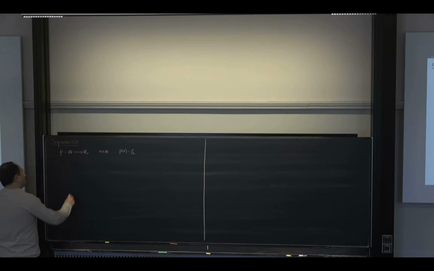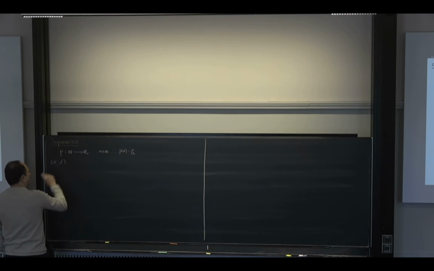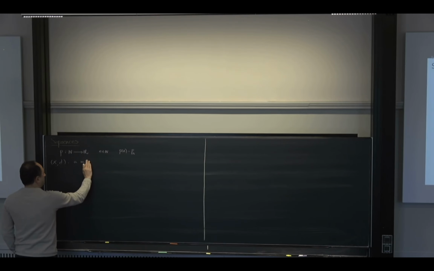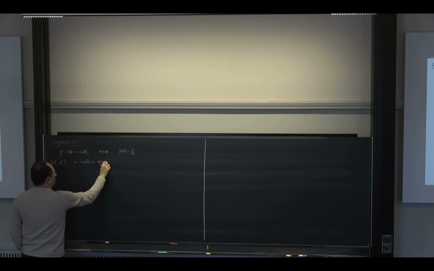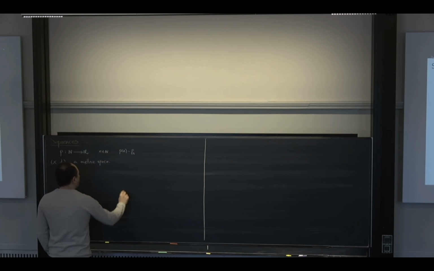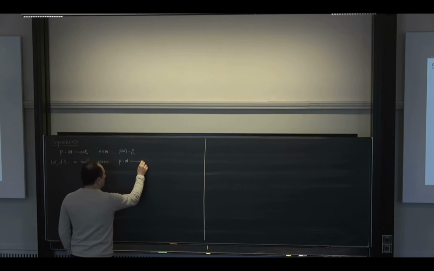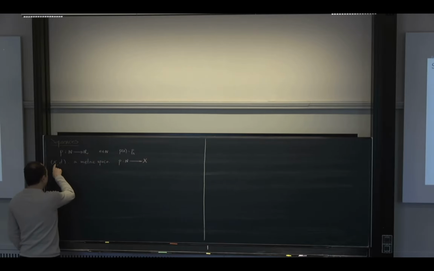But now, if I want to discuss the new concept, instead of just talking about the set of real numbers, let me concentrate on a metric space X. And then I have a function p, again with domain N, but the codomain is this X. Be careful, by the way, this X is an abstract set.